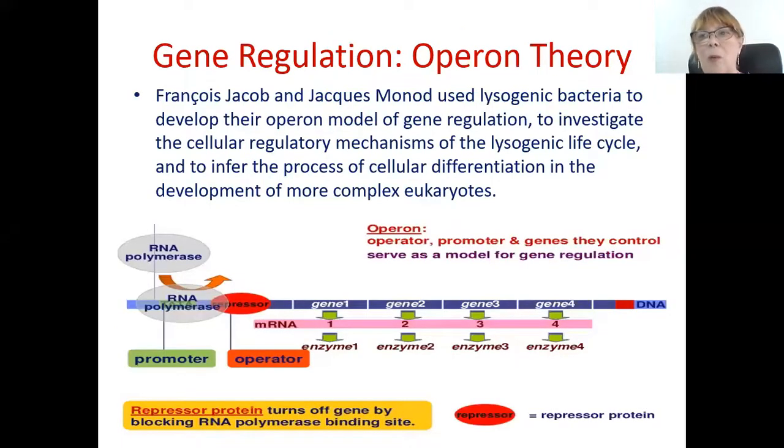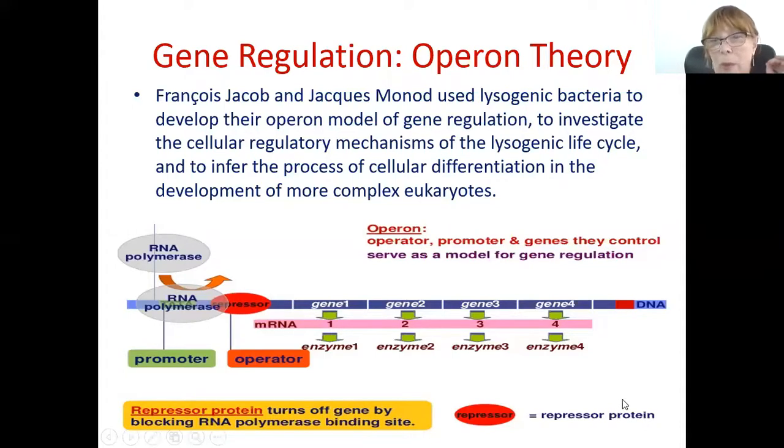And this lysogeny then had an impact on the understanding of gene regulation and the development of the operon theory by Francois Jacob and Jacques Monod. They used lysogenic bacteria to develop the operon model of gene regulation, to investigate the cellular regulatory mechanism of the lysogenic life cycle and to infer the process of cellular differentiation in the development of more complex eukaryotes.